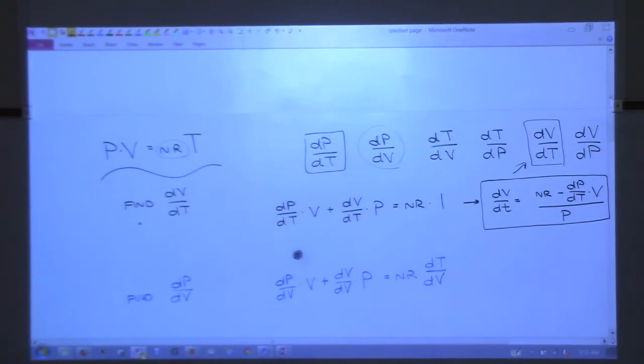How would this be solved? Yep, you bring the, hold on. You're trying to solve that one. So you, yeah, because that's a 1, so it's going to be p comes over first, divide by v. Yep.